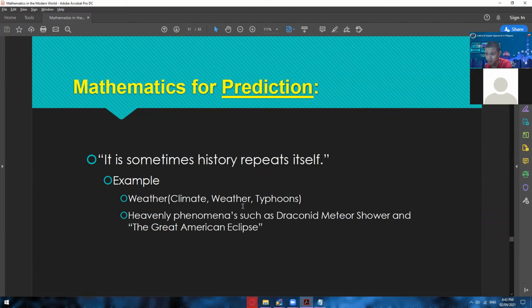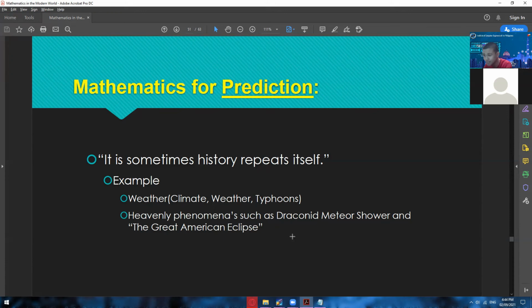The same with the climate. In other countries, we have 4 seasons, but here we only have 2: rainy days and sunny days. After the rainy season, we have the sunny season, and after the sunny season, we have the rainy season. The same with heavenly phenomena such as the Draconid meteor shower and the Great American Eclipse.